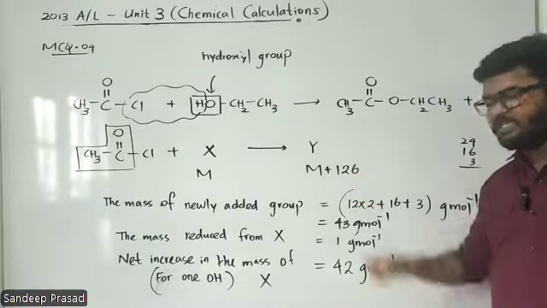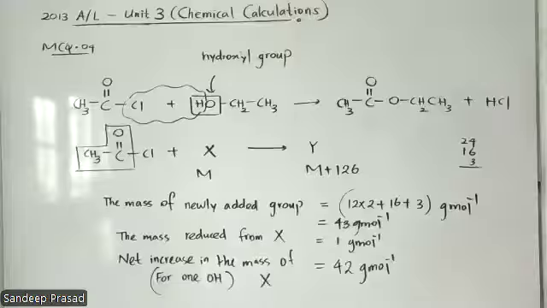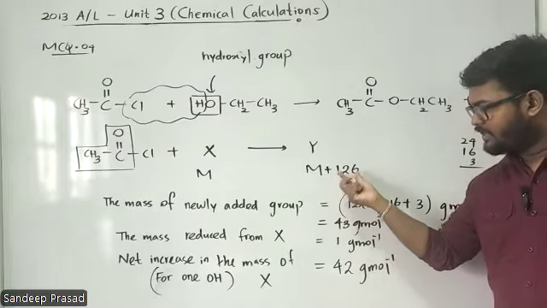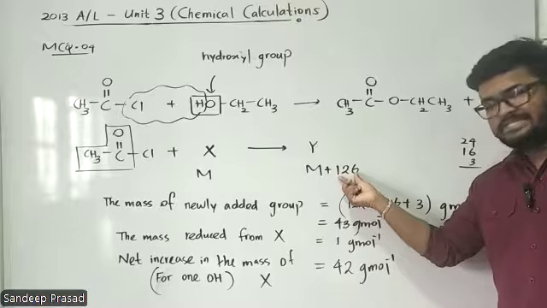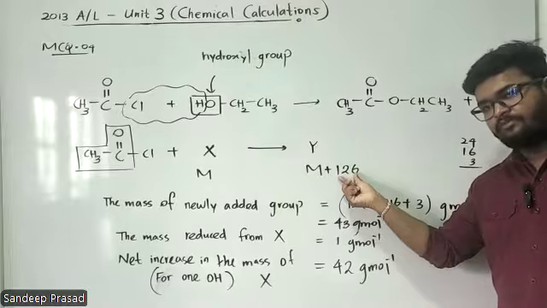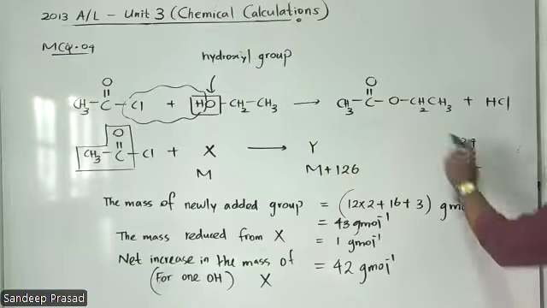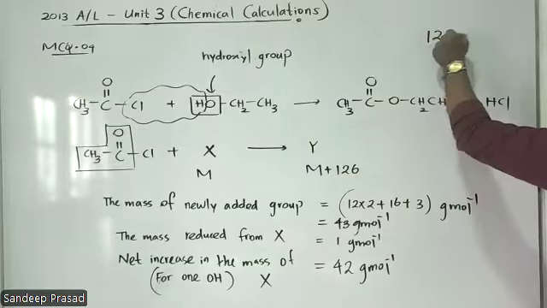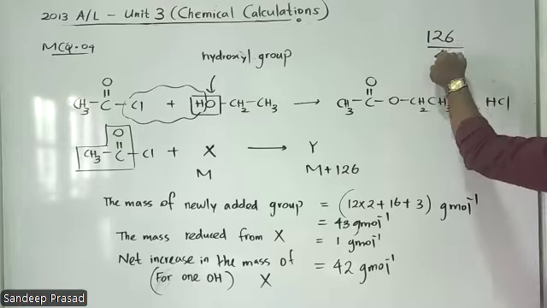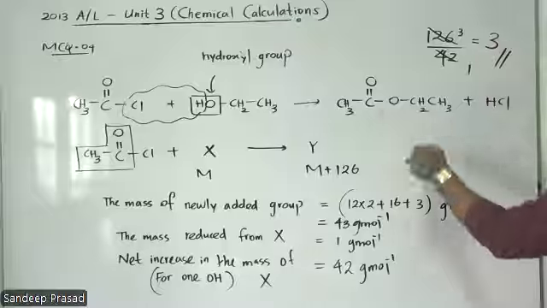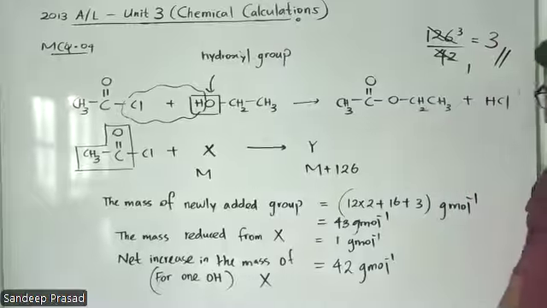Then tell me how many OH groups are there. If the increment is 42 for 1 OH group, then what is the number of OH groups for increment 126? You have to divide this 126 by 42. And what is the answer? 3 here. That means in the compound, there are 3 OH groups.